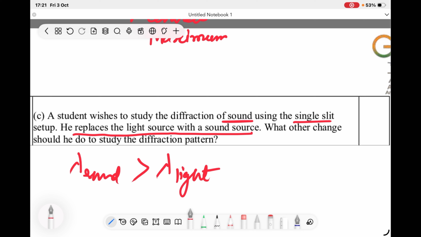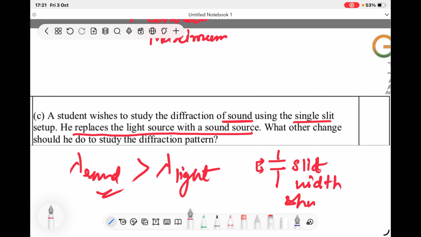First of all, the slit width should be increased because the wavelength of sound is higher. Wavelength of light was lower, so earlier we kept a narrow slit, and now the slit width should be increased. That is the first change.